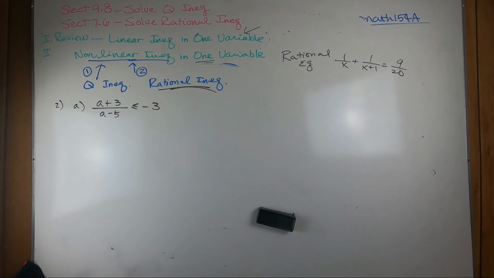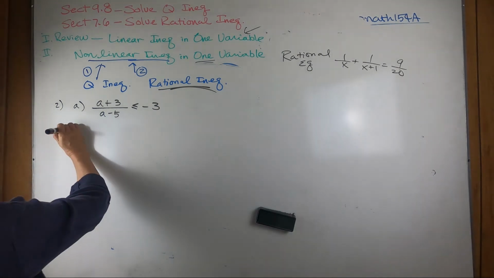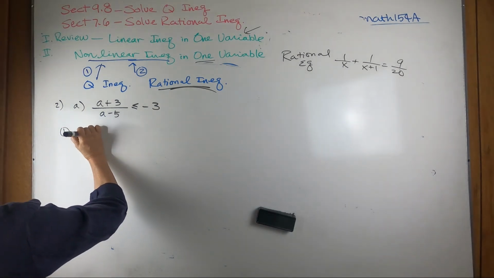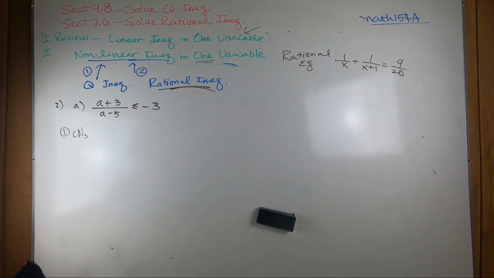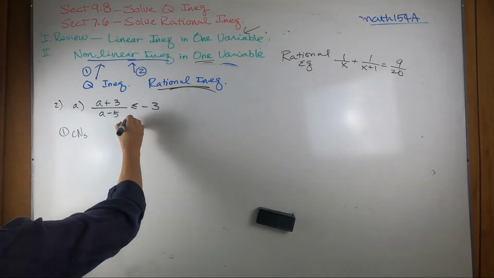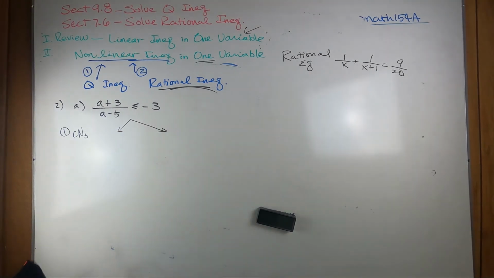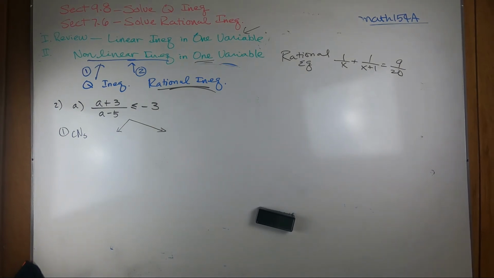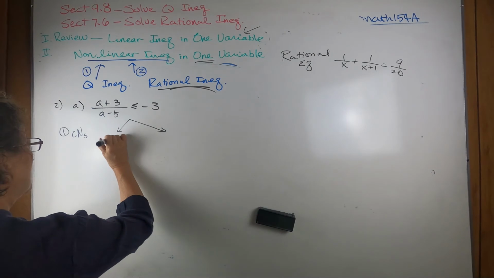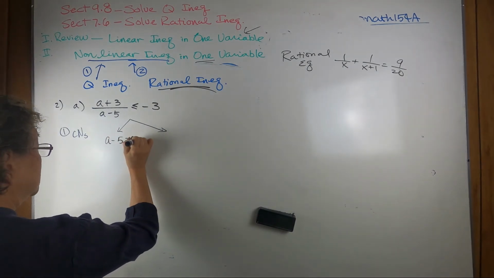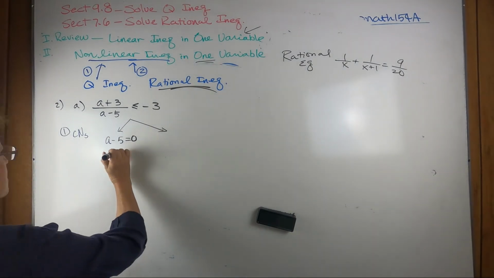How should we start? Same steps. First, you find the critical numbers. For your class, you have two kinds of critical numbers. For the fractions, what kind of things are critical? The denominator cannot be 0, so when the denominator is 0, it's critical.